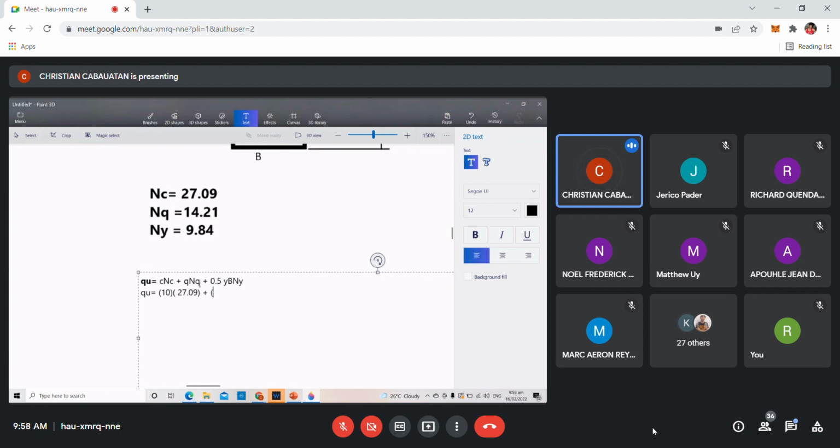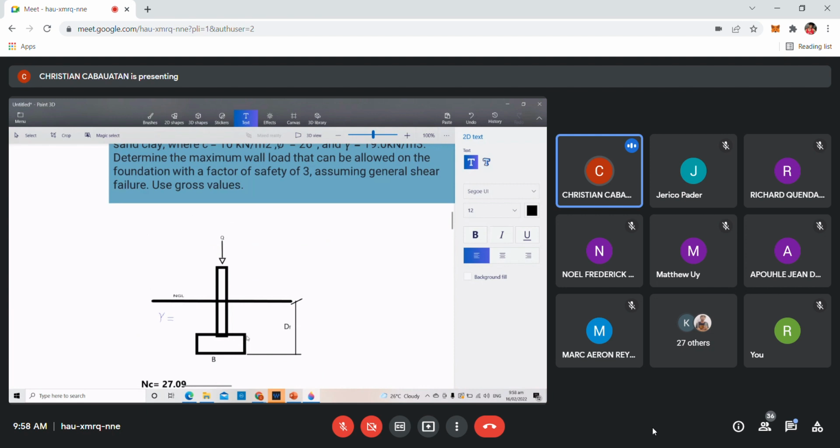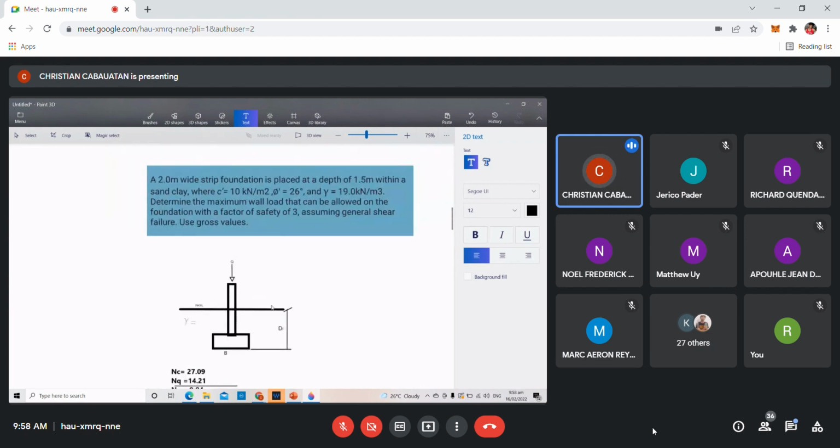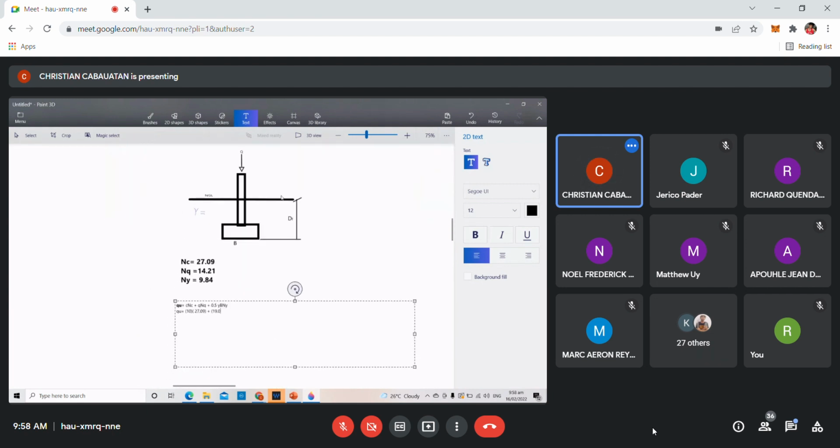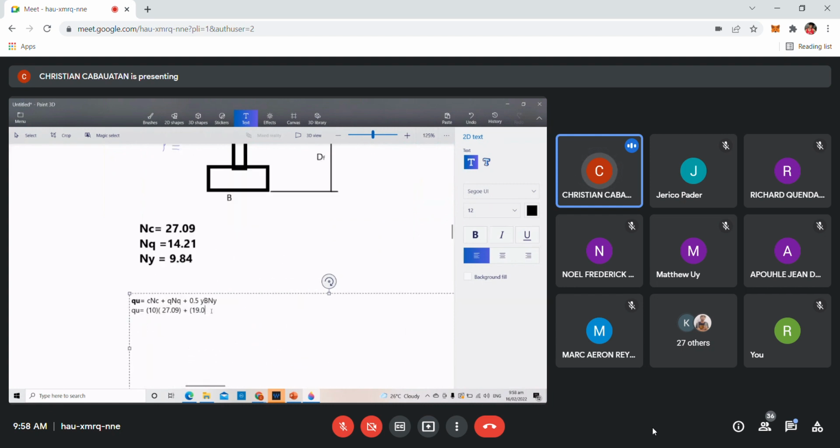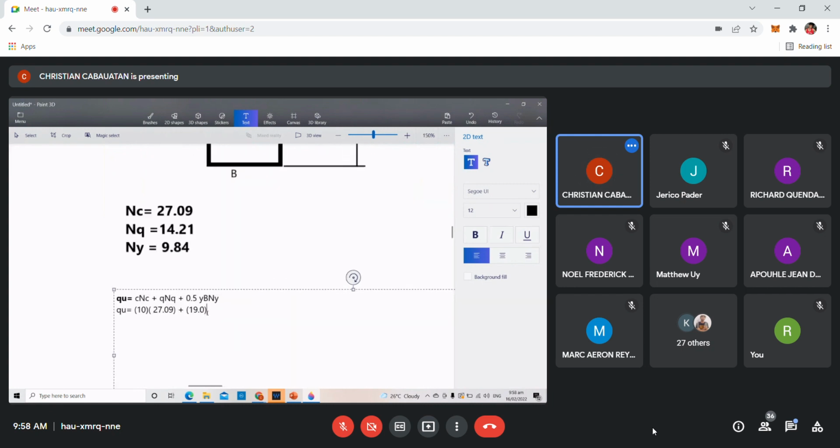Okay? The unit weight is 19. Tama ba? Ano yung nasa problem natin? Or 19.5? Tama, 19. And then, ang kanyang depth of footing ay 1.5. Okay lang? Okay lang ba?